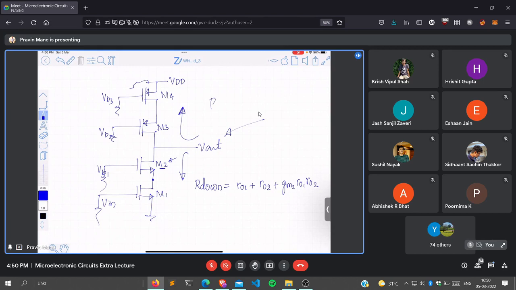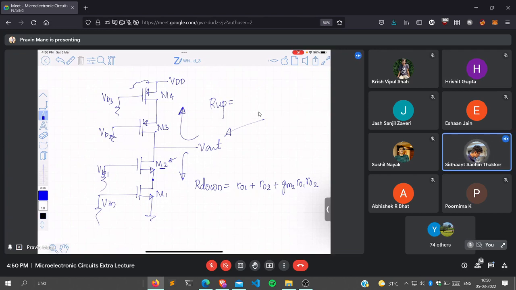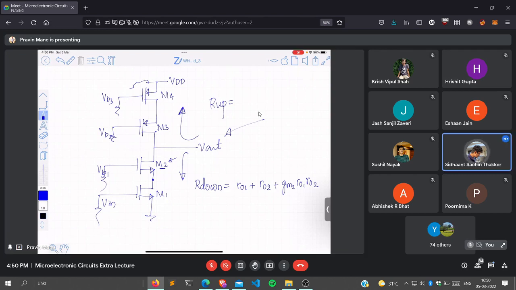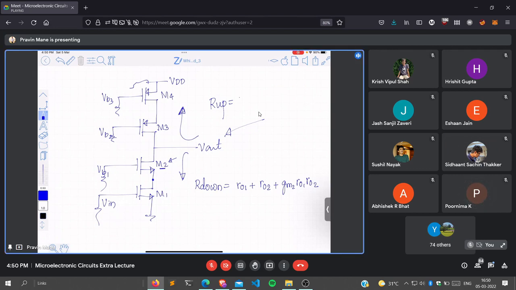Can you tell me what is R up? RO3 plus RO4 plus GM3 RS RO3. What is RS in this case? RO4. So it is RO4 plus RO3 plus GM3 RO3 RO4, right?